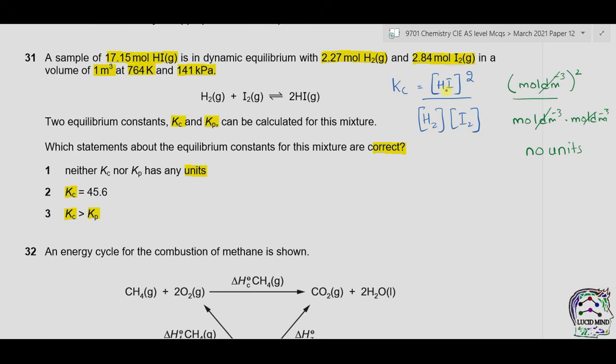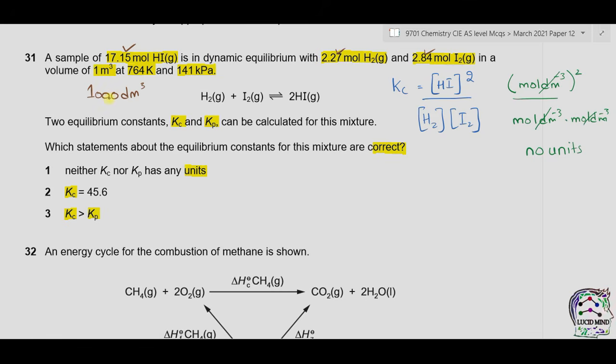For finding the concentration we need the number of moles and the volume in decimeter cube. The number of moles is given. Volume in decimeter cube can be converted from this value. We have 1 meter cube, so it will be equal to 1000 decimeter cube. Now concentration will be number of moles divided by volume.